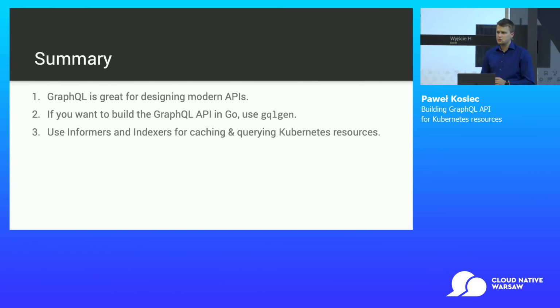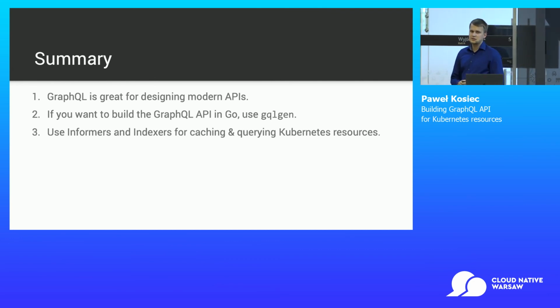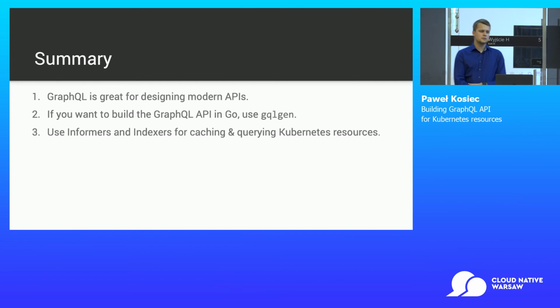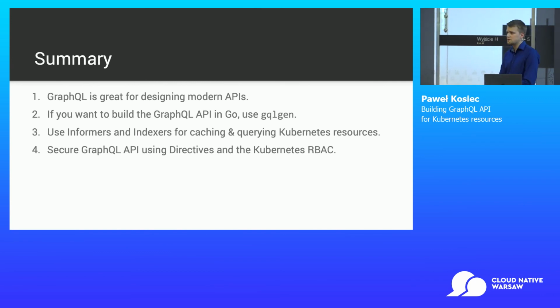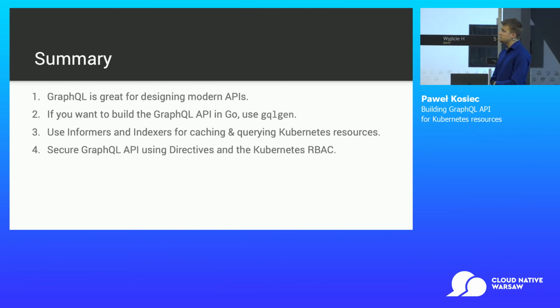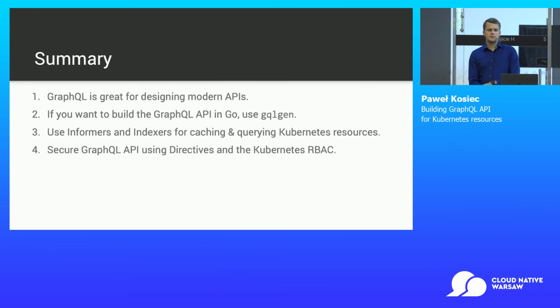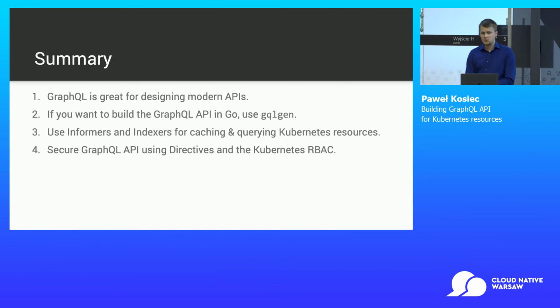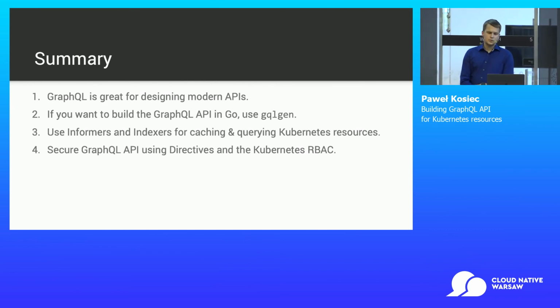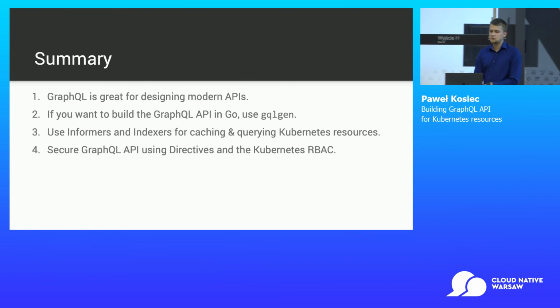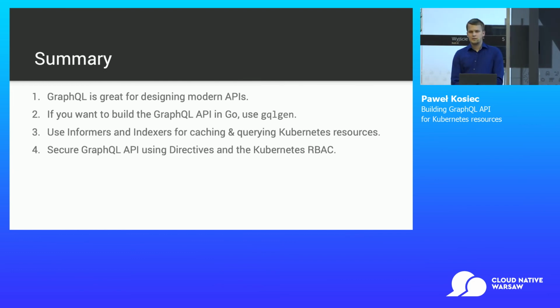If you want to cache Kubernetes resources, it's great to use informers and indexers as shown before. And if you want to use GraphQL and secure it in a Kubernetes cluster, I think using directives is the only way to do it right. And of course, you can utilize RBAC from Kubernetes.